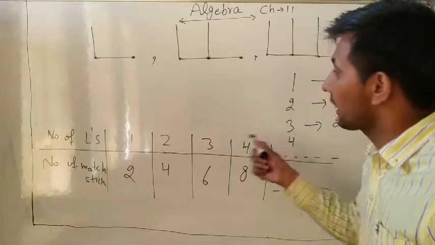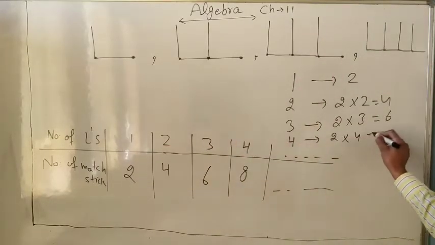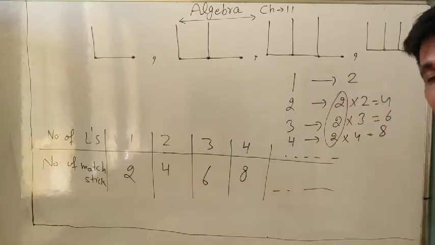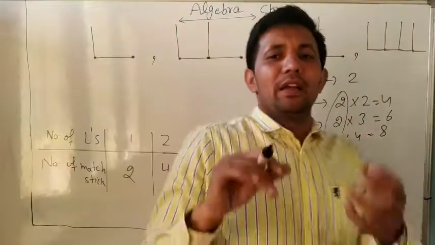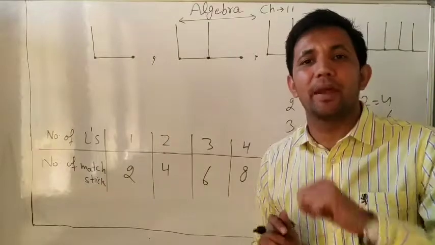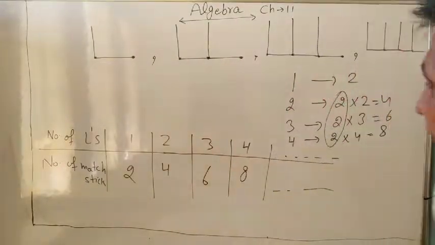If we want to make 4 L's, 4 L's means 2 multiplied by 4. So every time we are multiplying by 2, or not? It is very simple. If you know the cost of 1 pen is 5 rupees, the cost of 2 pens is 2 into 5, the cost of 3 pens is 3 into 5. Understand?